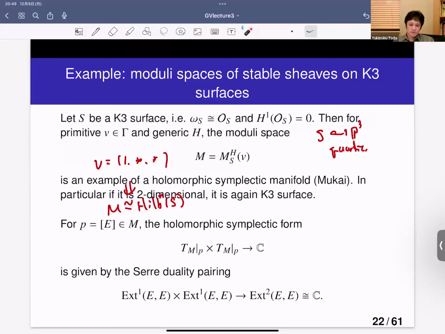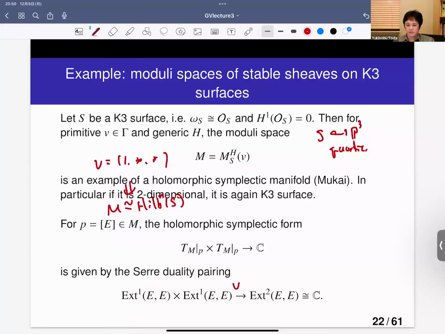And the holomorphic symplectic structure on this moduli space is given by the Serre duality pairing. That is, for each point of this moduli space, we can construct this holomorphic symplectic form from the Serre duality pairing. I haven't explained yet, but the tangent space of the moduli space is canonically identified with the Ext^1 of the sheaf. And we have the natural map, which is just the Yoneda product.